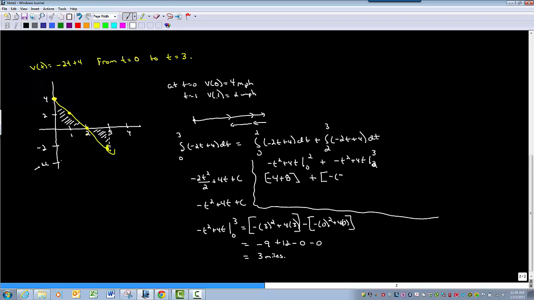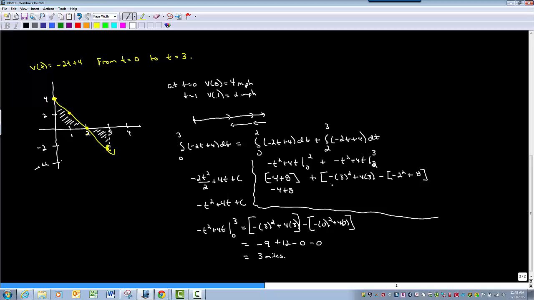That'll be negative 3 squared plus 4 times 3, minus the 2 plugged into here: negative 2 squared plus 8. So this would be negative 4 plus 8.